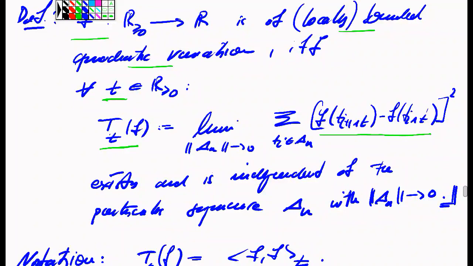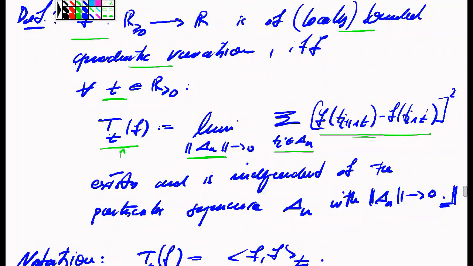When we evaluate these sums of squares up to the time point t, and when we send the mesh size, so the maximal step size in this collection of grids, to 0.